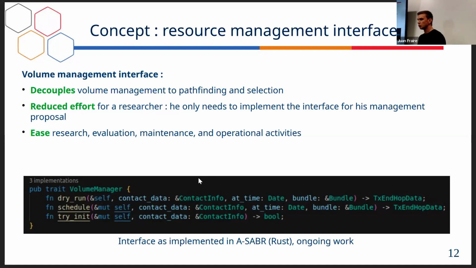So now a researcher just has to create a data structure which is only modified or checked with a reduced set of functions, which are defined by the interface. And then also some sanity checks for the initialization, like is the contact plan accurate, and so on. This is also something that can be managed by the interface.